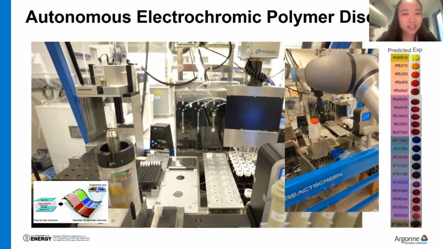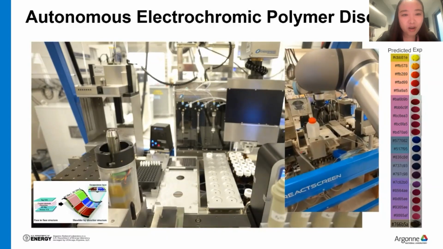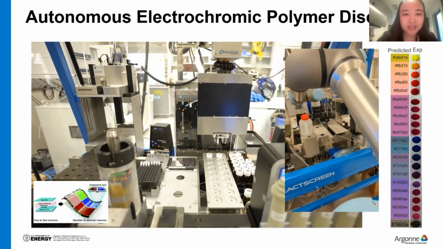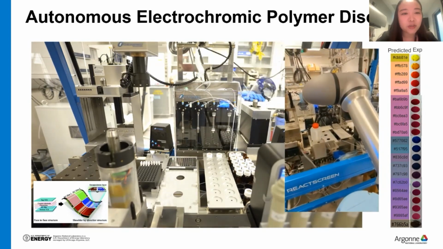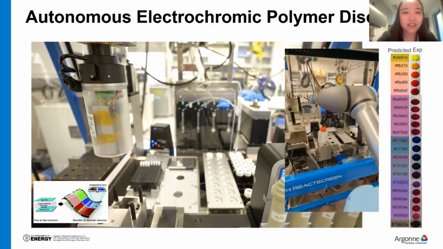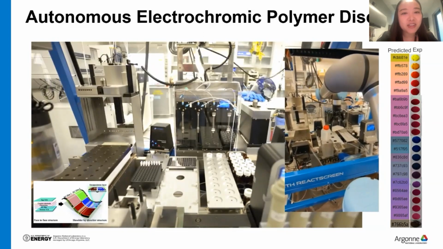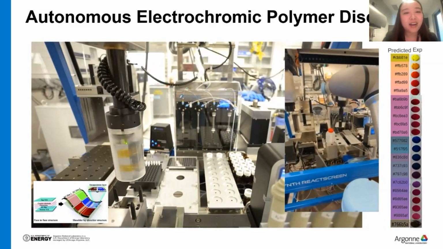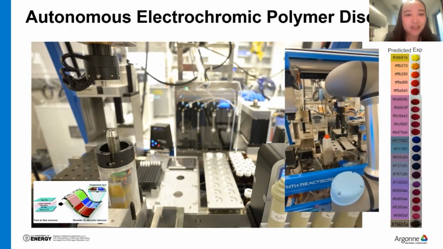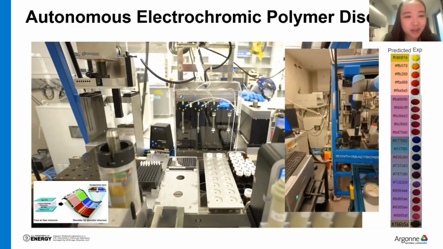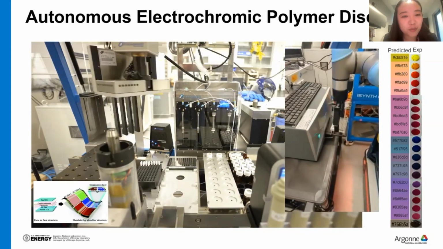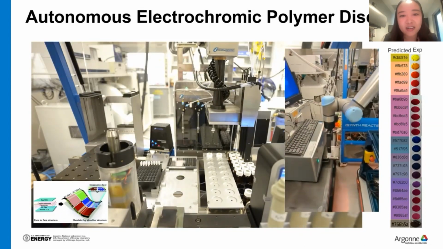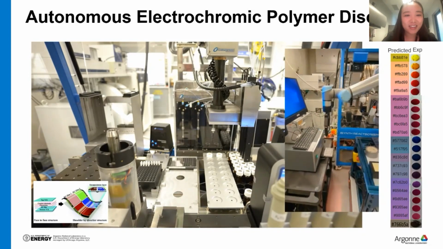Once the polymer is synthesized, a mobile robot seamlessly transfers the sample for property evaluation. The entire process is driven by robots and machine learning. So this is, I would say, a pretty good platform for polymer electronic applications. The materials we develop here can be used for smart windows, displays, and other optical devices.